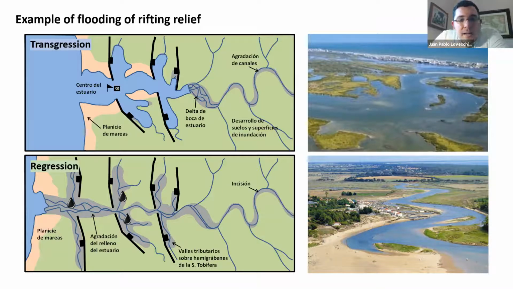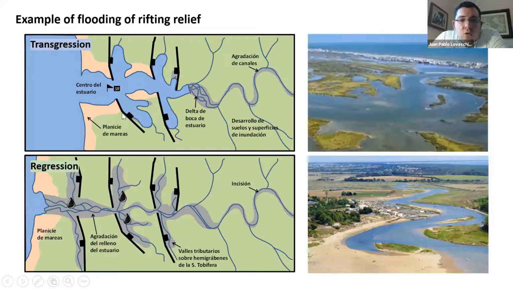Incisions can occur either during rifting or also after rifting. If the basin is underfilled, the catchments can continue to be eroded, and the fluvial systems can incise and create incised valleys, even if they're not submitted to extension.